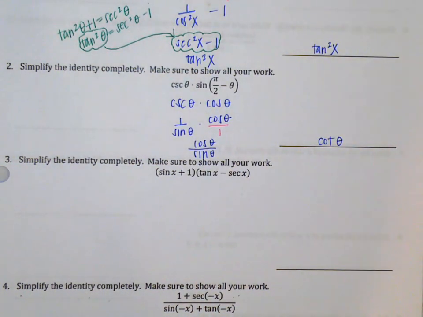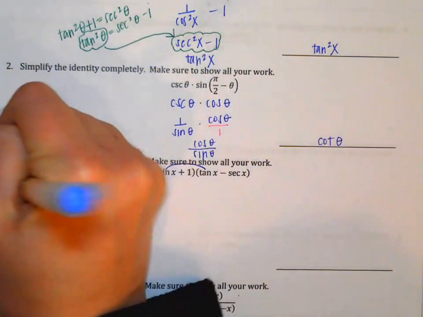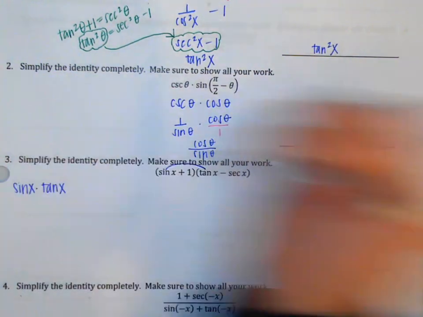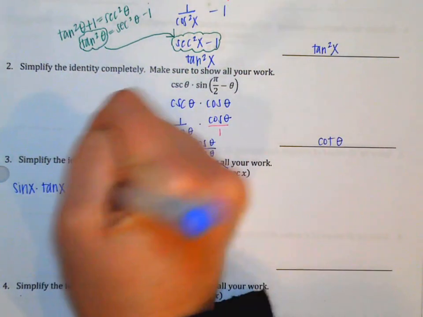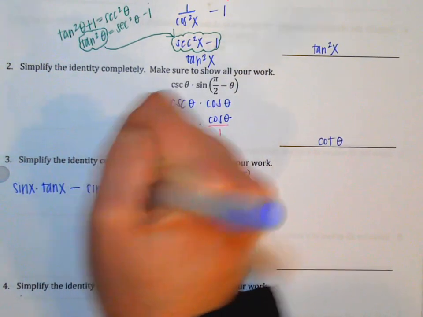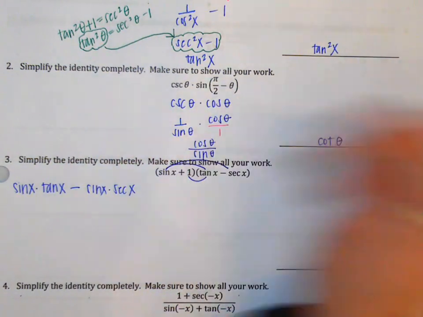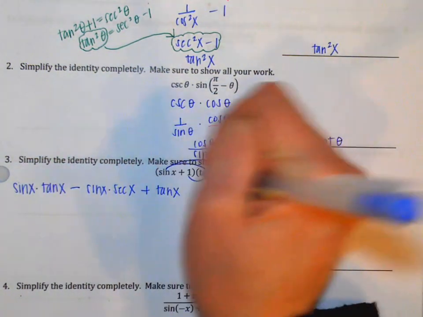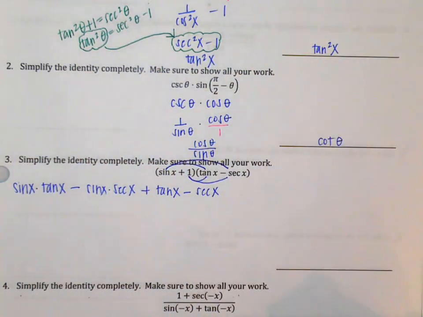When I multiply that out, we are doing sine x times tangent x, and then sine times negative secant, so negative sine x times secant x. Then we move to the 1: 1 times tangent, so plus tangent x, and 1 times negative secant, so negative secant x.